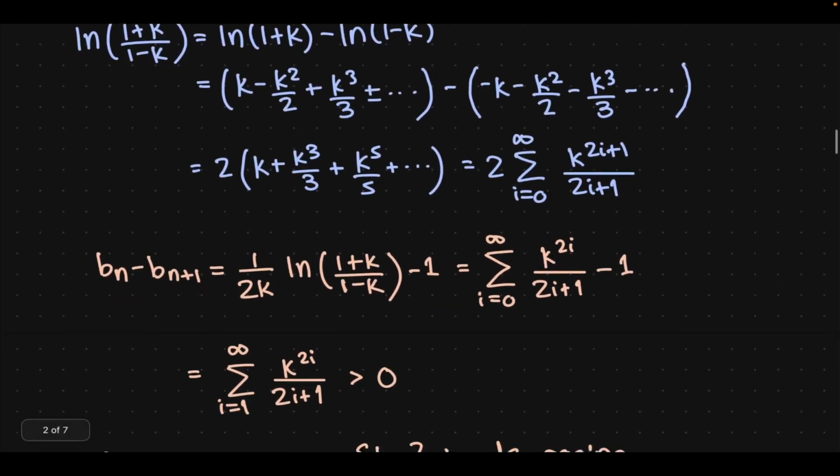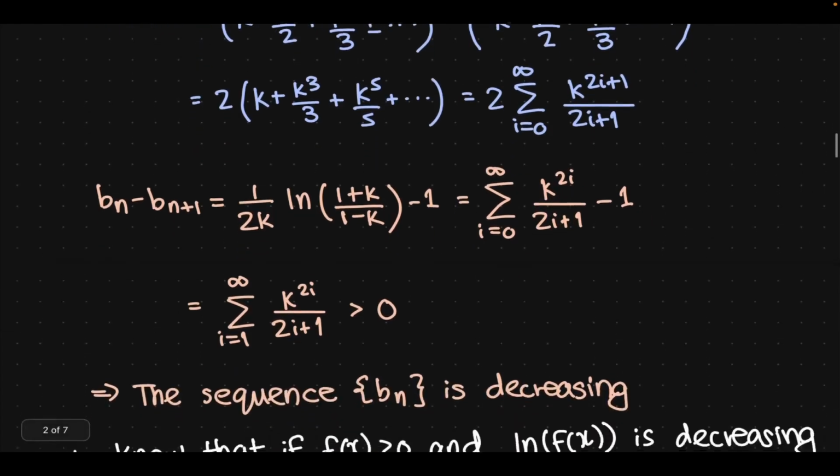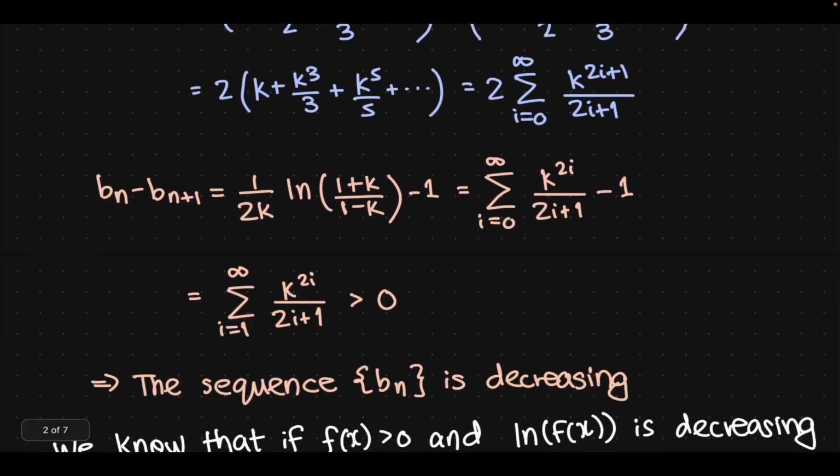So we get the sum from i equals 0 to infinity of k to the 2i divided by 2i plus 1, minus 1. And then we notice that for i equals 0, the 0 term of this sum is k to the 0 over 2 times 0 plus 1, which is actually 1.